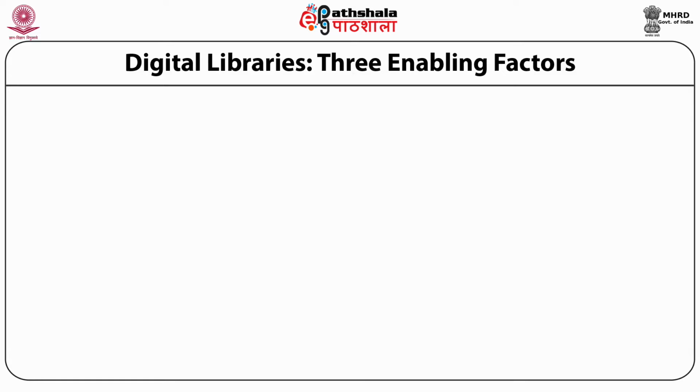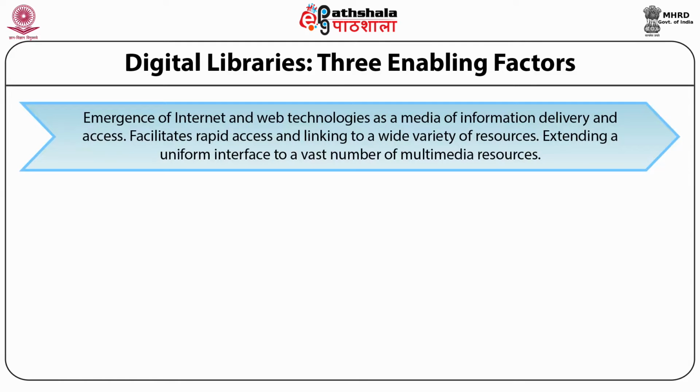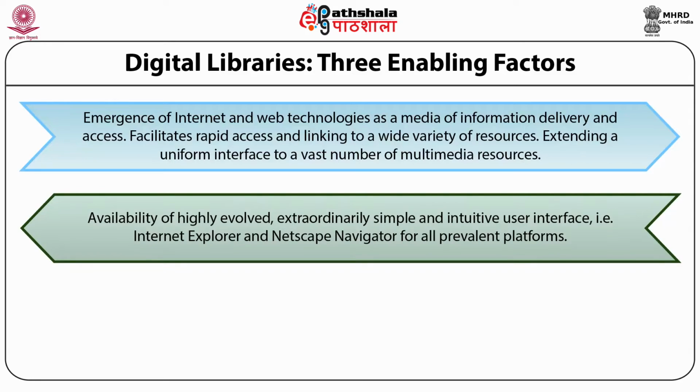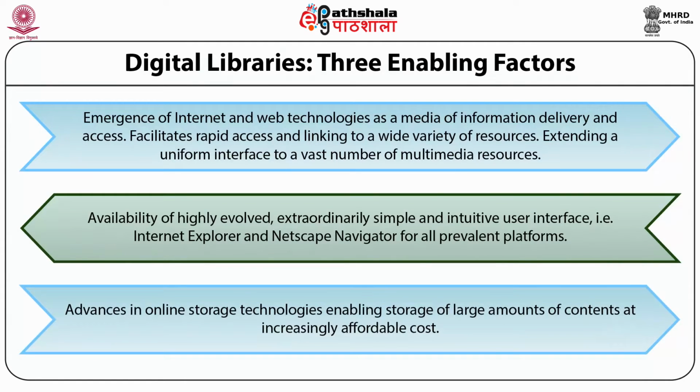These three enabling factors are the emergence of internet and web technologies as a medium of information delivery and access that facilitate rapid access and linking to a wide variety of resources; availability of highly evolved, extraordinarily simple and intuitive user interfaces, that is Google Chrome or Internet Explorer, for all prevalent platforms; and advances in online storage technologies enabling storage of large amounts of content at increasingly affordable cost.